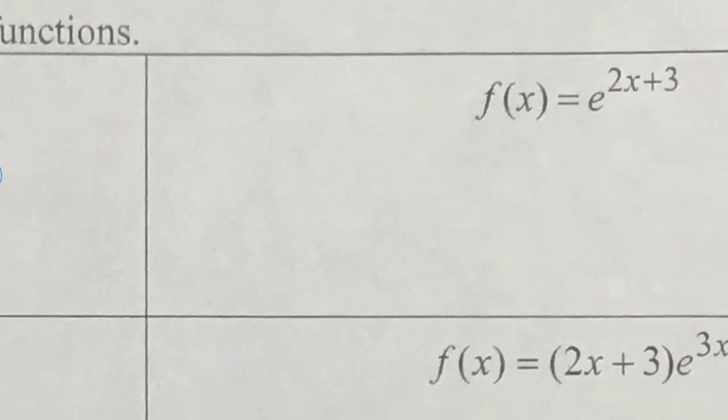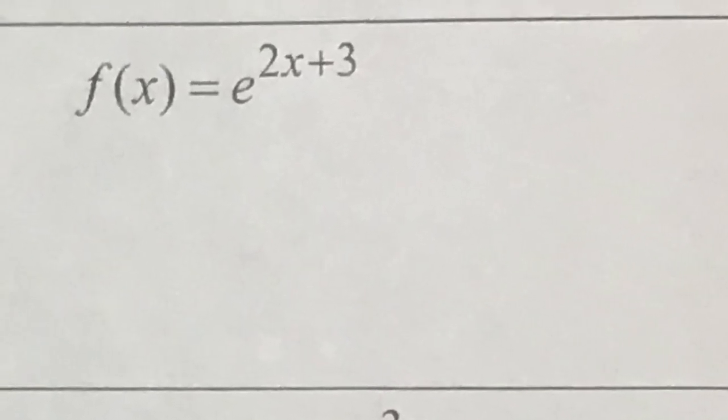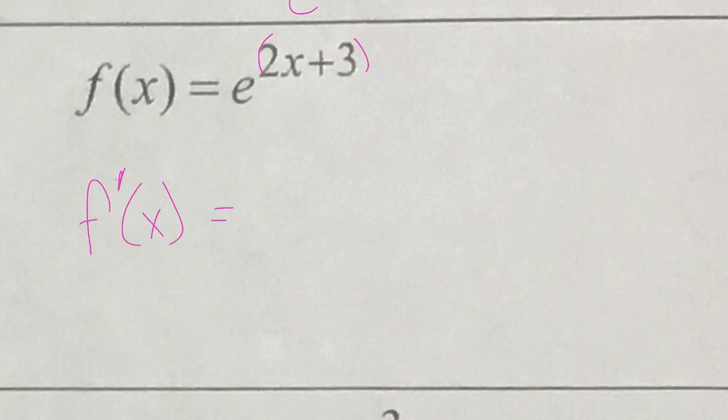Okay, let's see what else we have. Here is a function, e to the 2x plus 3 power. So once again, we have a chain rule. We have to take the derivative of e to the 2x plus 3. So this is your inner function, and e to the x is your outer function. So the derivative, f prime, is e to the 2x plus 3.